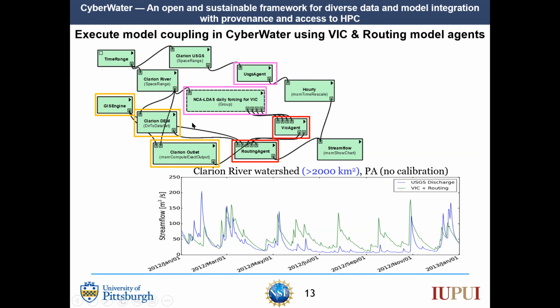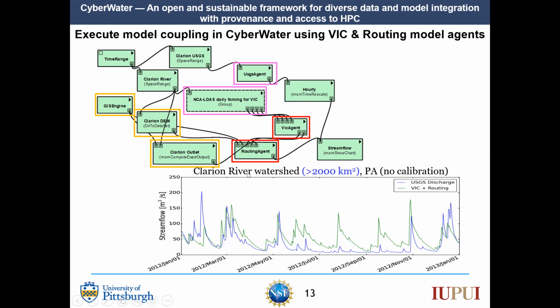In order to get such information, we invoke the GIS engine that we have in CyberWater. Remember that the CyberWater system is integrated with GraphGIS. So we use GraphGIS to obtain all the information required by the routing model automatically and have such information automatically flow into the routing model for execution.